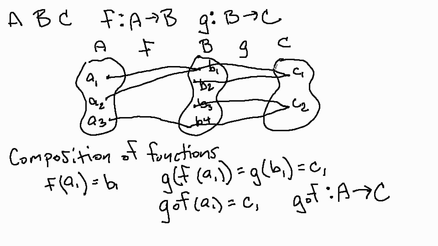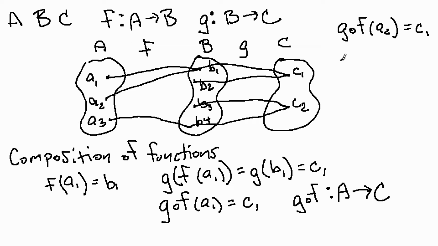So we can see in this example again, if I were to look at g of f of a2, well, a2 comes over to b1 as well, and that also takes us over to c1.